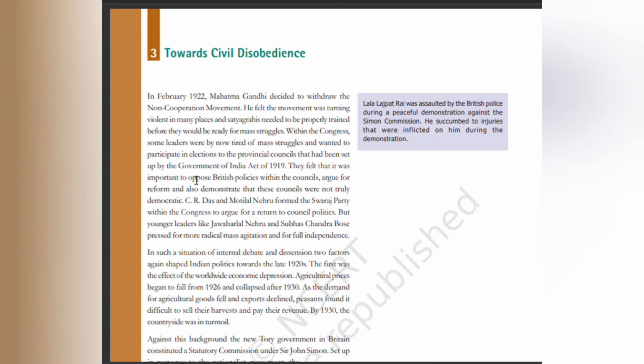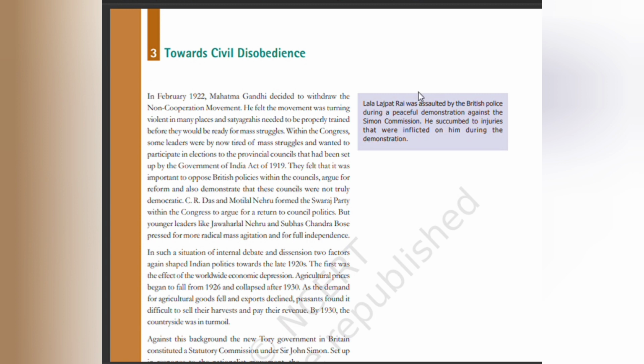They felt that it was important to oppose British policies within the councils, argue for reform, and also demonstrate that the councils were not truly democratic. C. R. Das and Motilal Nehru formed the Swaraj Party within the Congress to argue for a return to council politics. But younger leaders like Jawaharlal Nehru and Subhas Chandra Bose pressed for more radical mass agitation and for full independence.